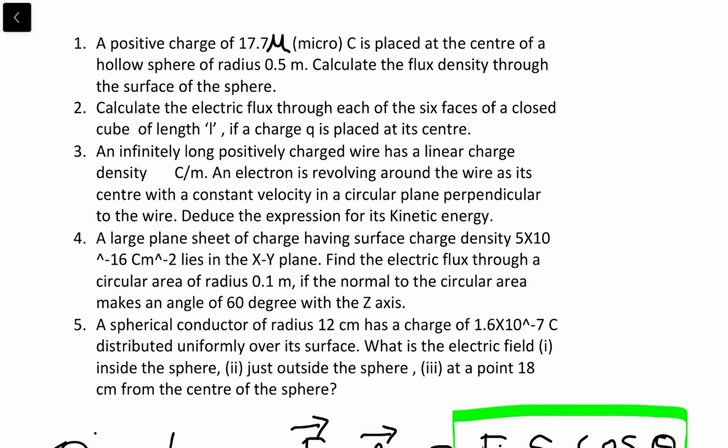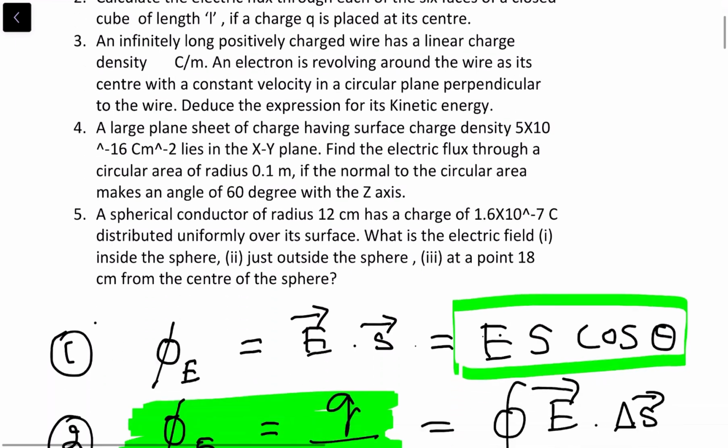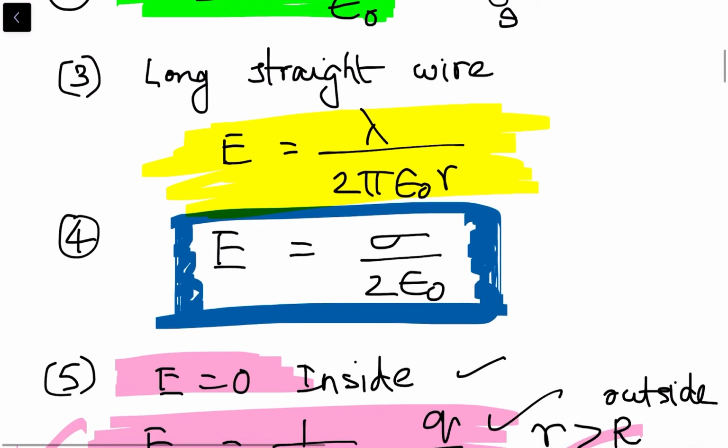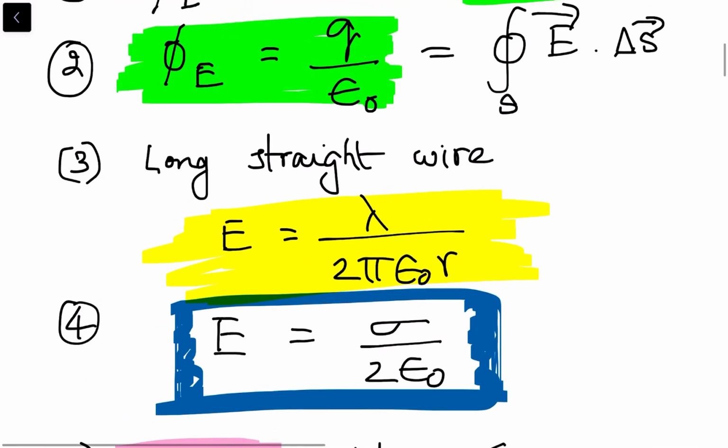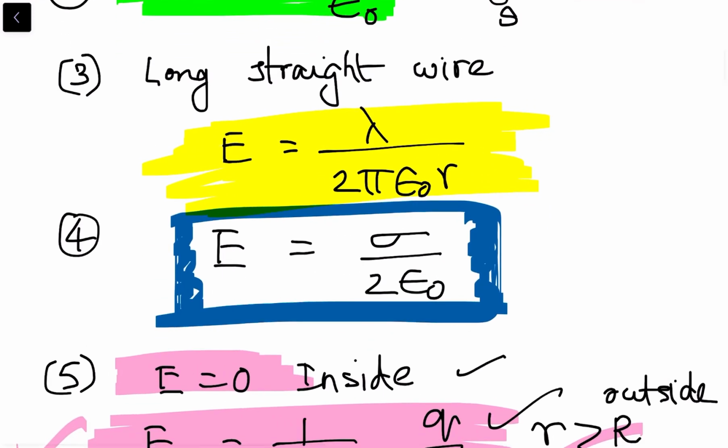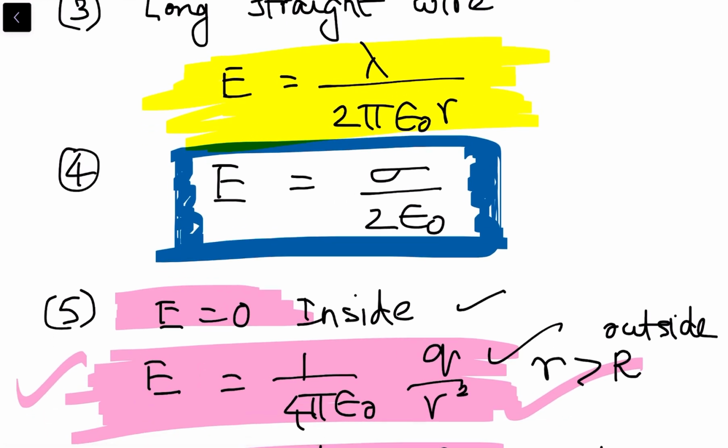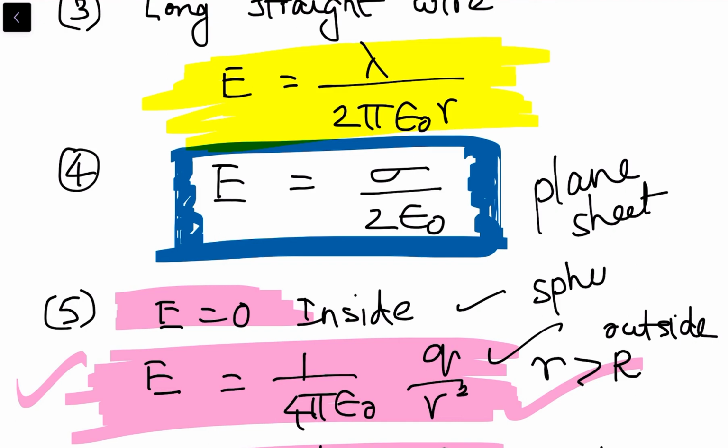Now using those derivations, we have 3 formulas. In those, today we have used the electric field due to a straight wire and the electric field due to an infinite plane sheet, and the fifth one is for a spherical shell.